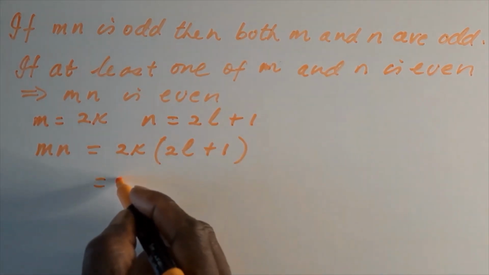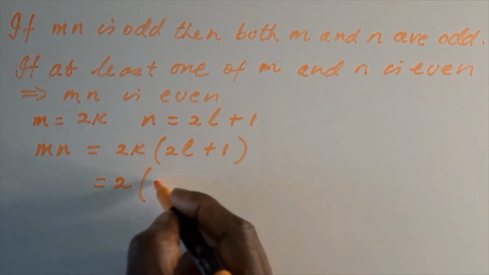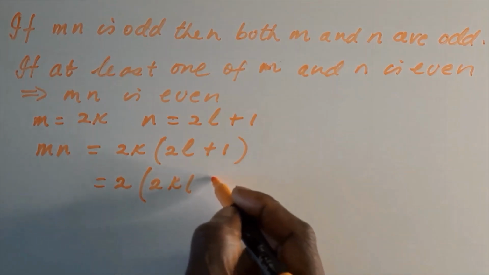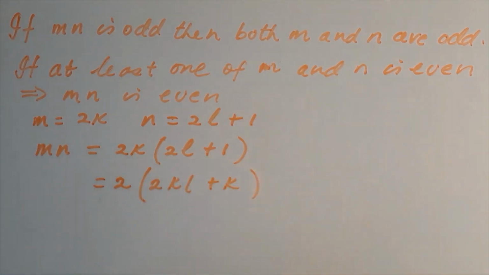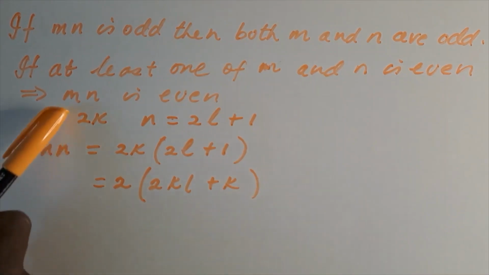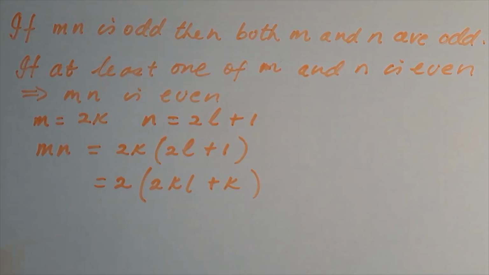Or further to this, we can have 2 brackets 2kl add k. So if at least one of m and n is even, we have m being even and n being odd, the product mn is shown here to be even.